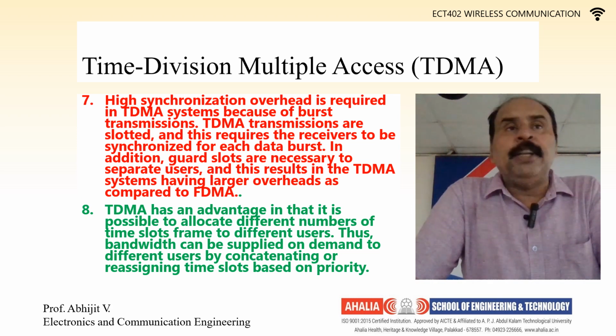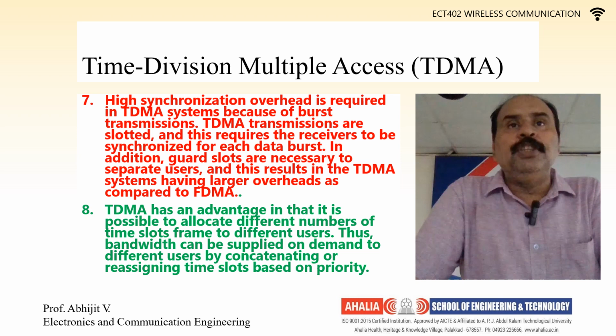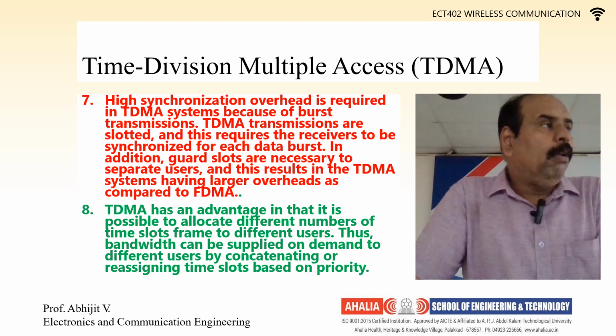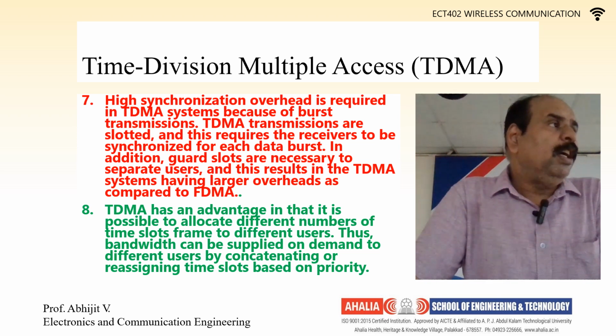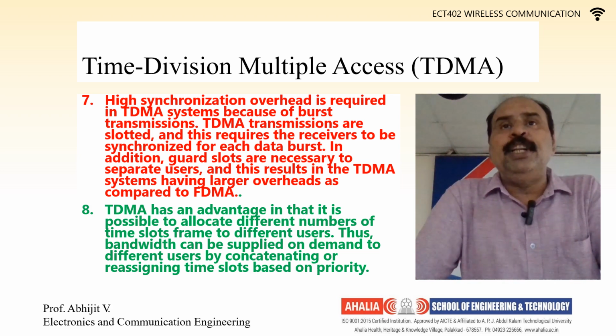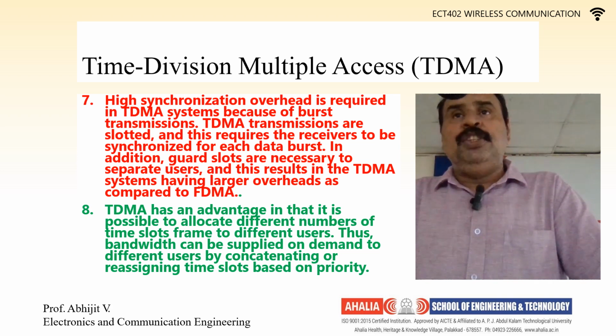So with this, we have seen all the important points with respect to FDMA and TDMA. Basically, I believe that you have understood what we are doing with FDMA and TDMA. In frequency division multiple access, we are allocating a dedicated frequency for each user.